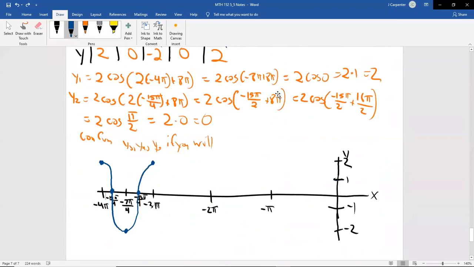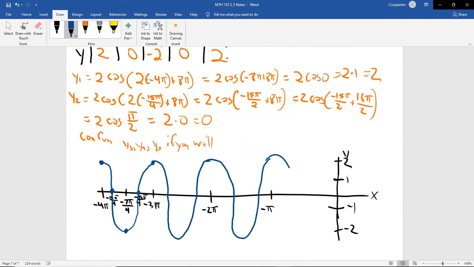So once again, know your waveforms. Yes, it is true that this thing continues forever and ever. This is much better. And it goes forever in each direction.